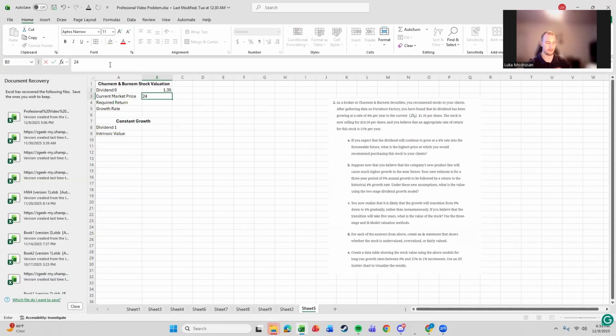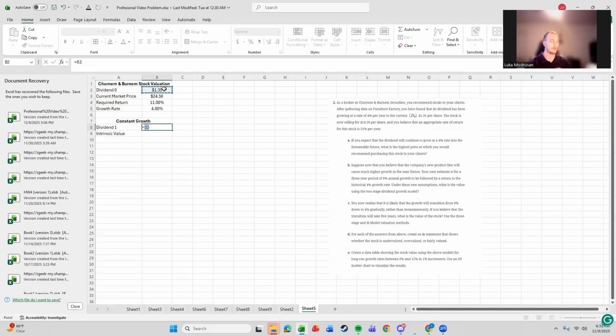And then it's gonna be 24.50 for the stock price. And their required return is 11%. This is going to be 4%. So do that. Currency, do that. Okay.